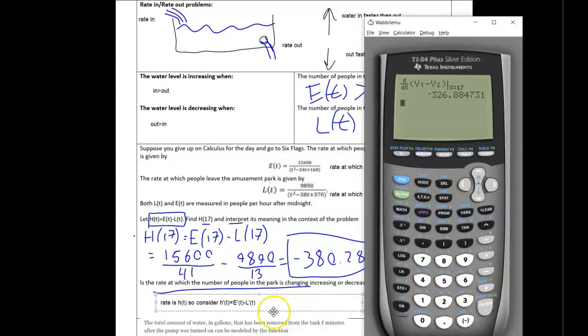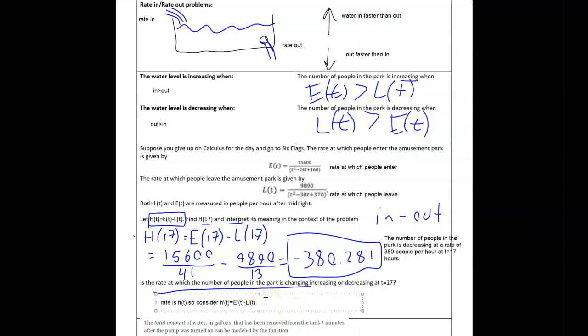And it spits out, again, a negative number. So my response here would be the rate is decreasing at t equals 17, not because h of 17 is negative, but because h prime of 17 is.